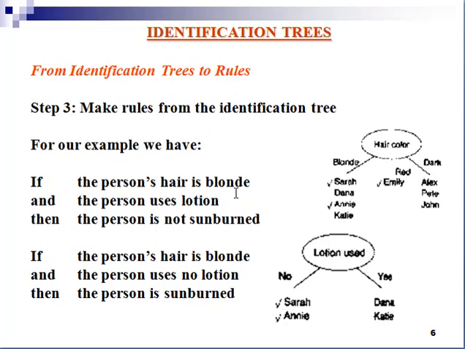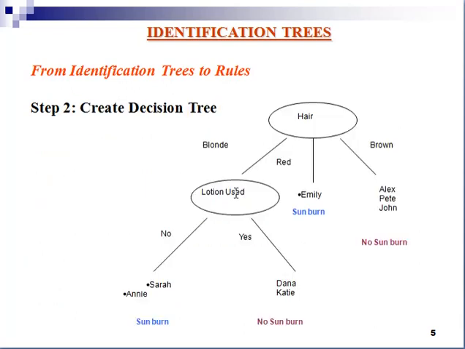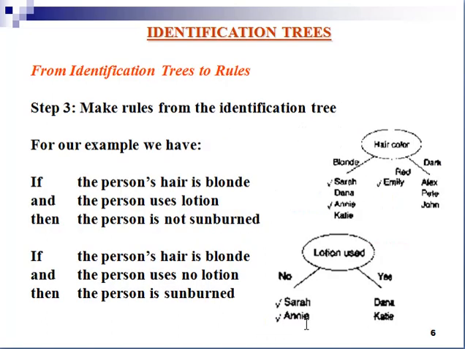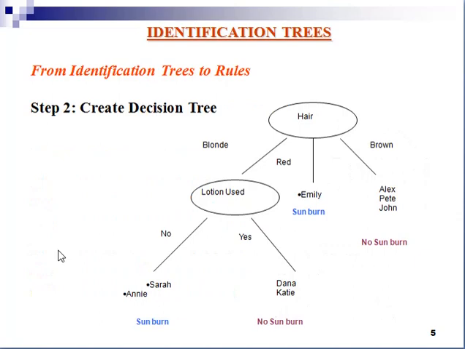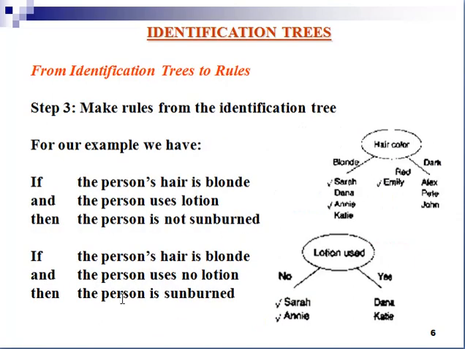Because you can see here that if the person's hair color is blonde and he uses lotion, then that person will not be sunburned. On the other hand, if the person's hair is blonde and the person uses no lotion, then it will be this category, and you can see this category results in the person being sunburned.